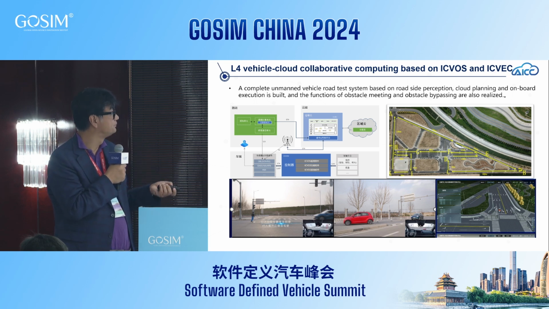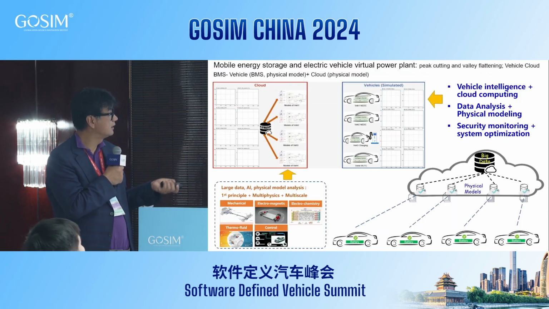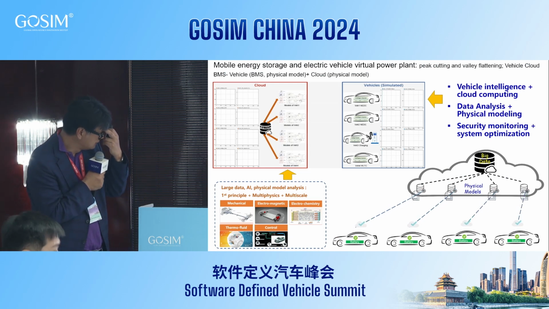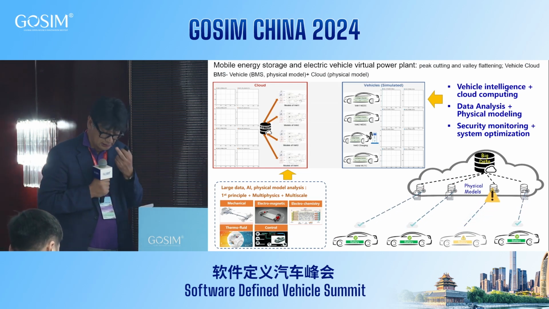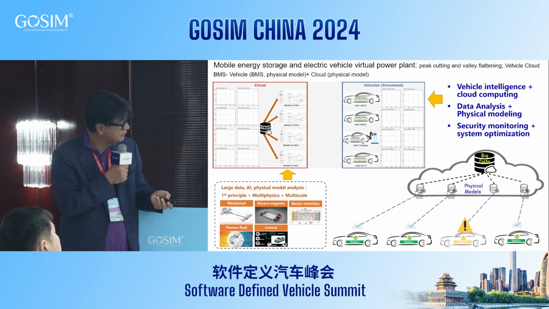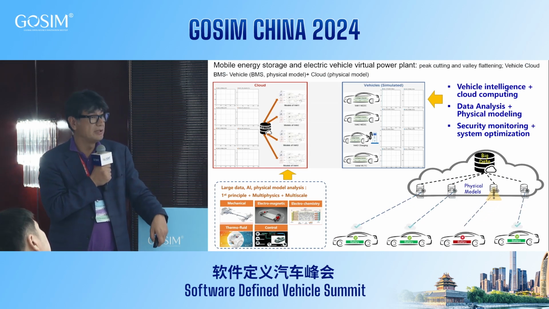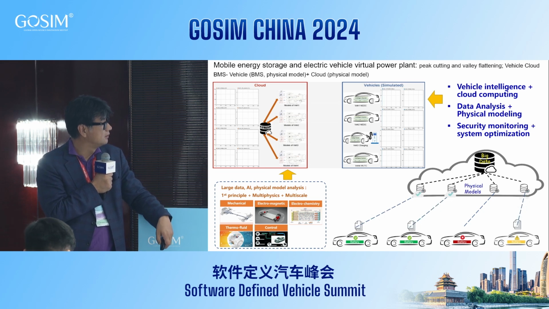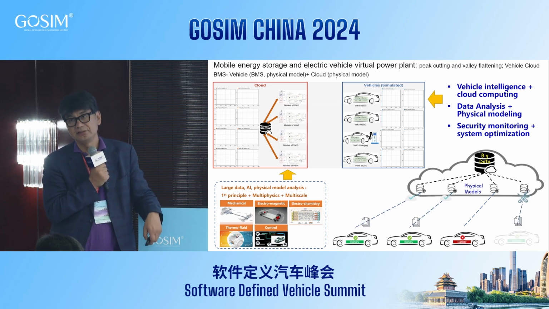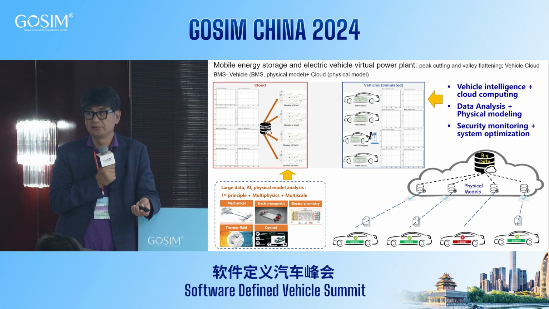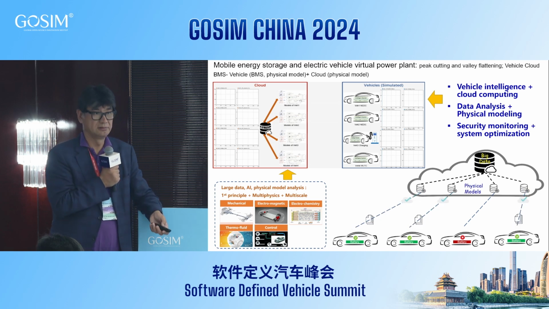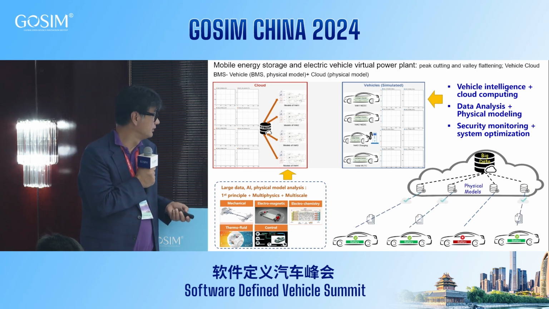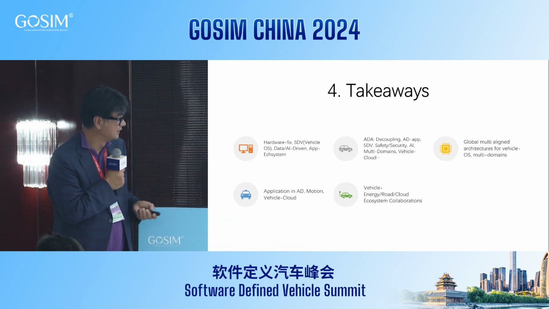The last one is for other domains, for the BMS. How does BMS work? How to use the edge side to enhance BMS functionality? That is also a requirement for current OEMs. When we say intelligence, it's not only for the AD domain, not only for the cockpit, but also for other vehicle functionality.